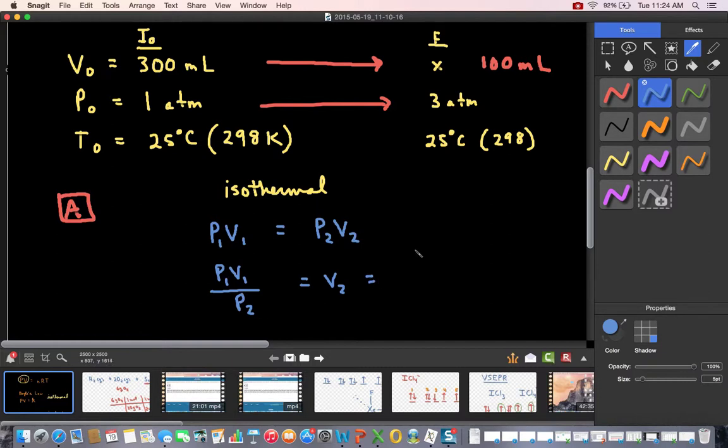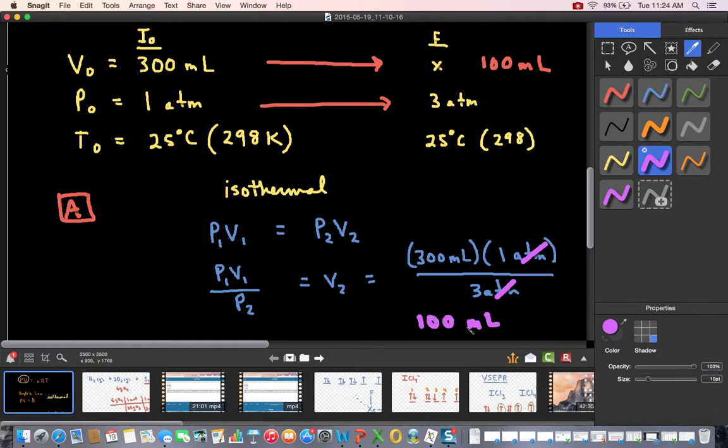This is going to be 300 milliliters times 1 atmosphere divided by 3 atmospheres. Atmospheres cancel. 300 divided by 3 is 100 milliliters.